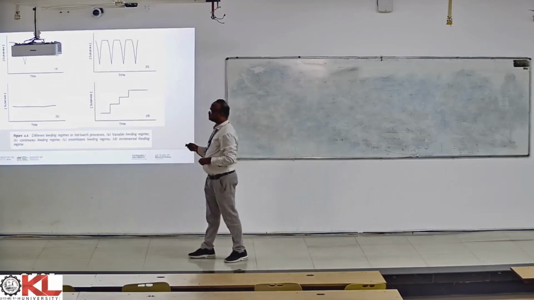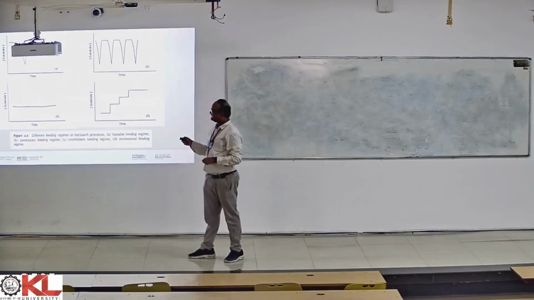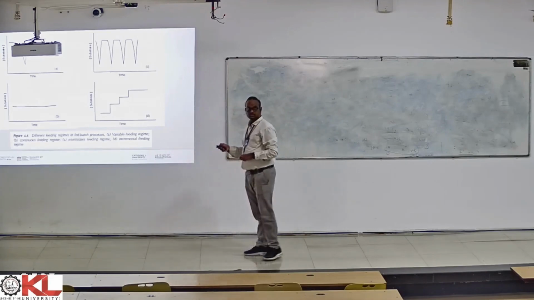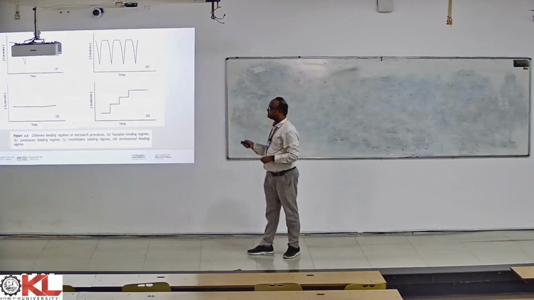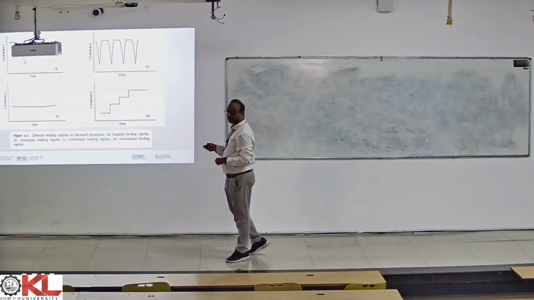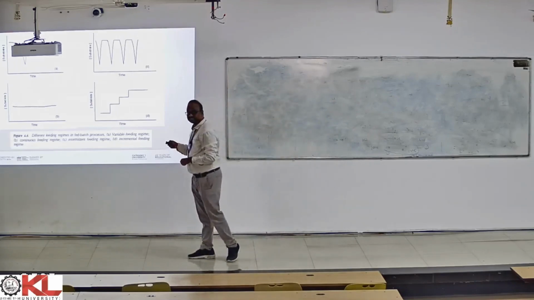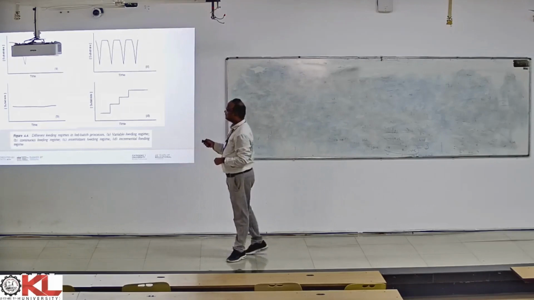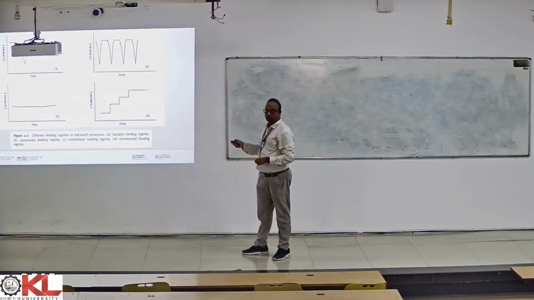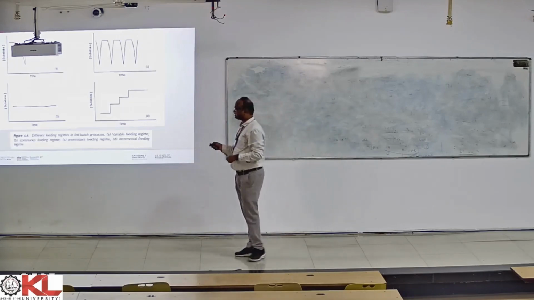If the growth rate is too high, we send less substrate into the bioreactor. If the growth rate is too low or going down drastically, we increase the feed. This is one mode of operating the fed batch reactor.